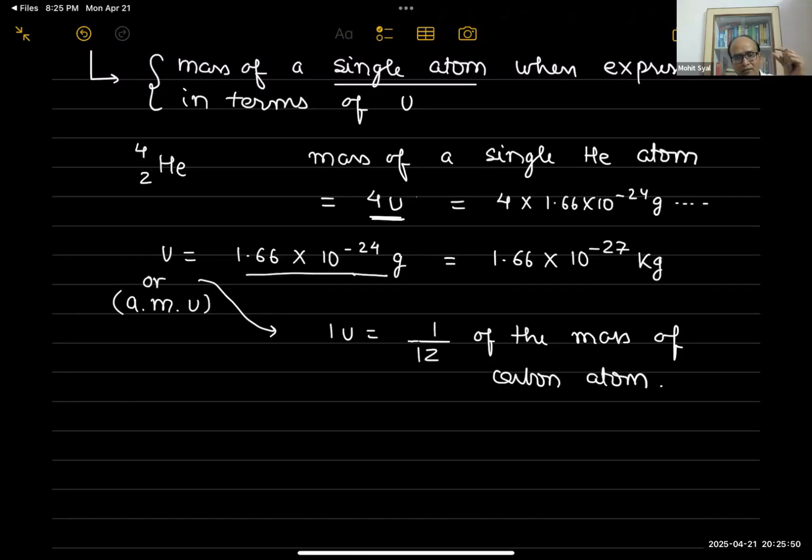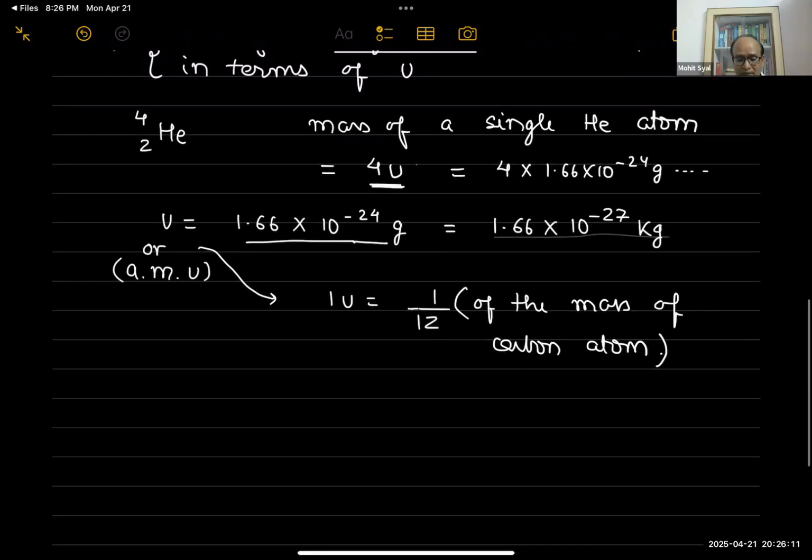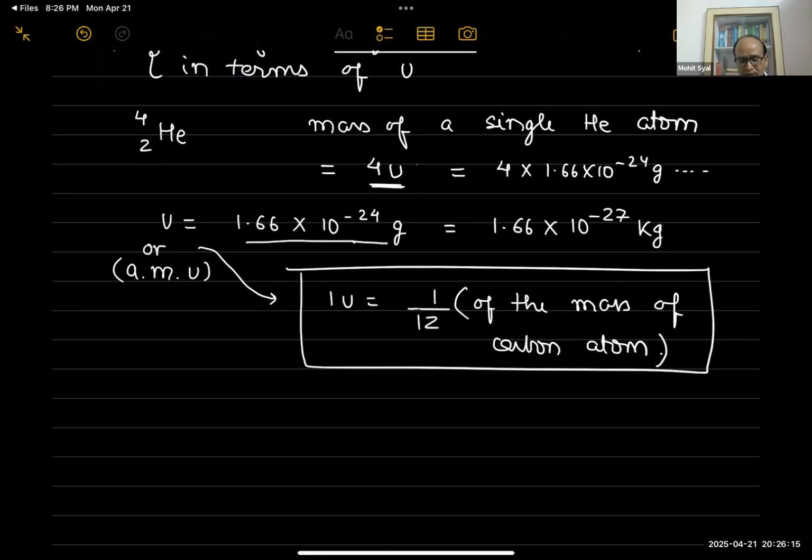If you take one carbon atom and divide its mass by 12, that is 1U. Okay, this is not useful. If somebody asks you to define 1U, you will say approximately it is the mass of one proton or one neutron. If they ask what the IUPAC definition is, then you should write this.